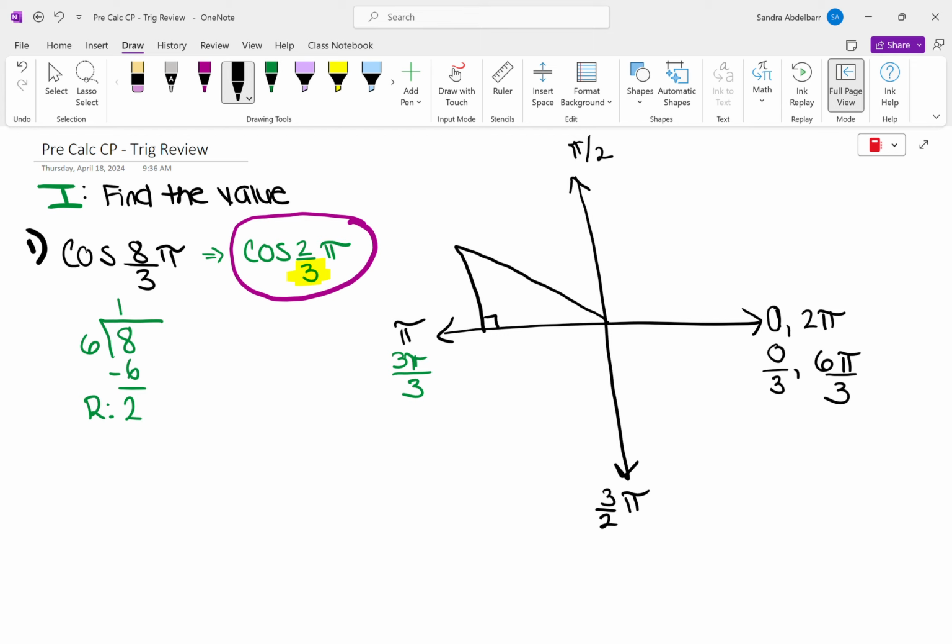And how do we find the reference angle? Anybody remember? 180 by 3. Good. To find the reference angle, you divide 180 by the denominator.